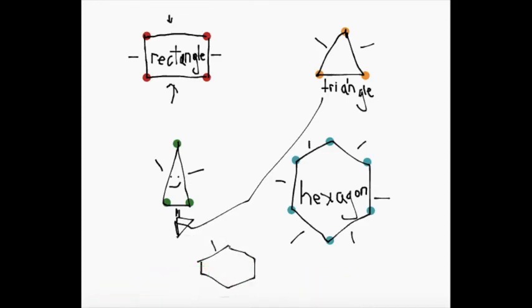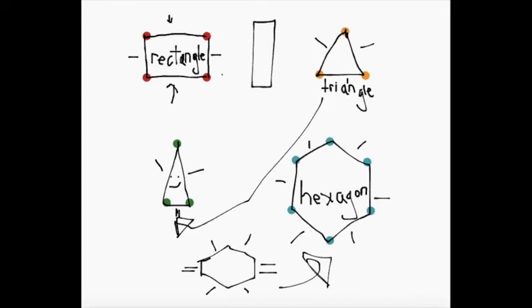Whoops, where these sides are the same, but these sides are not the same. They're different. They're the same as each other. Is it still a hexagon? Yes, they're both hexagons.